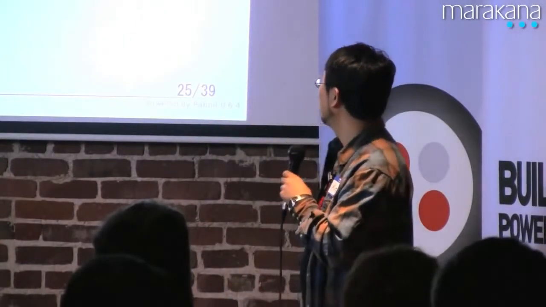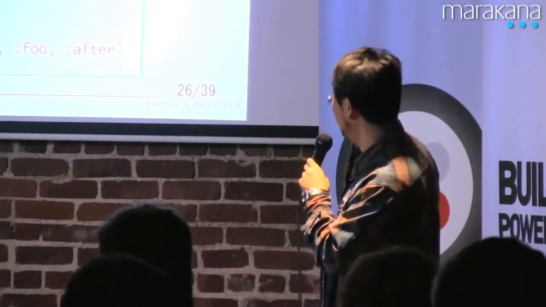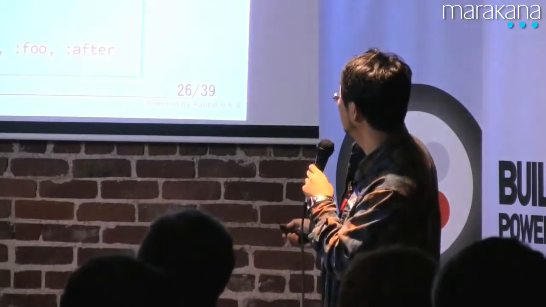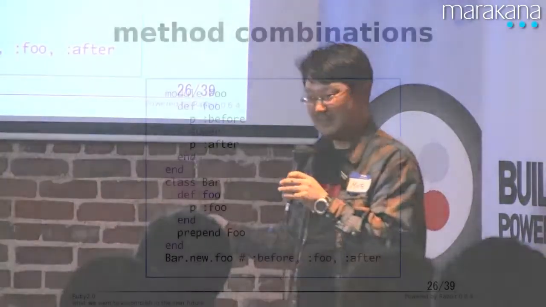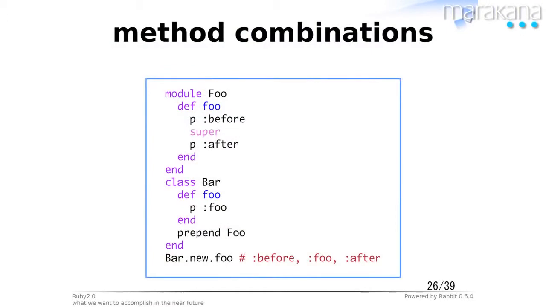So we are going to introduce prepend, not include or mix, prepend. If you add a module using prepend, the method defined in the module comes in front of the original method.